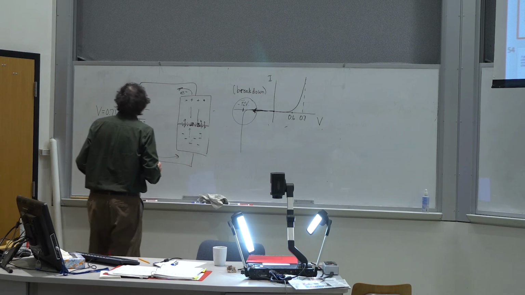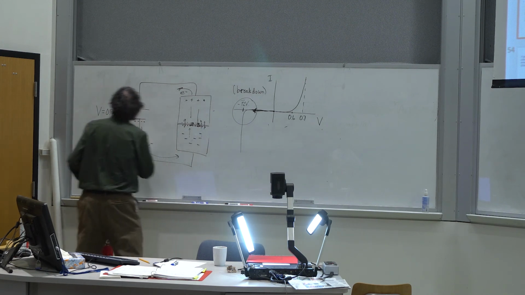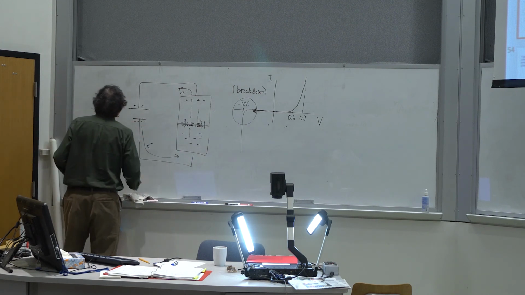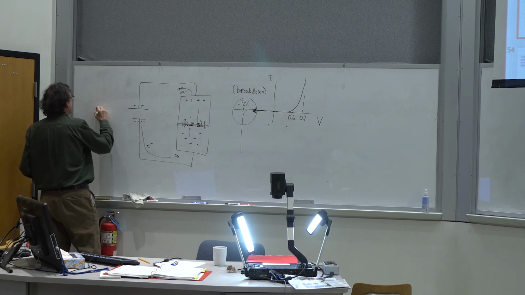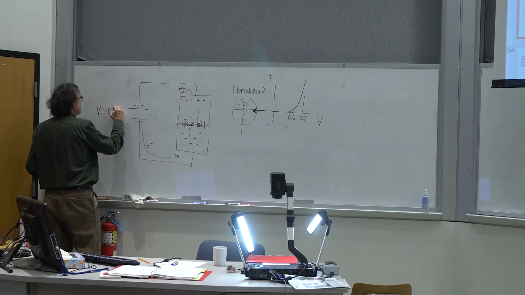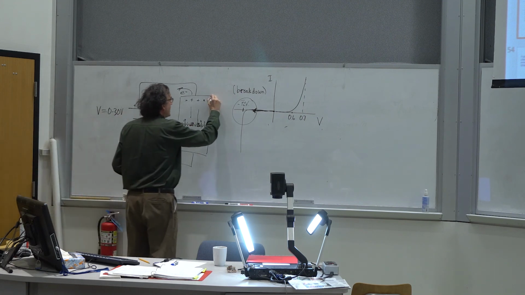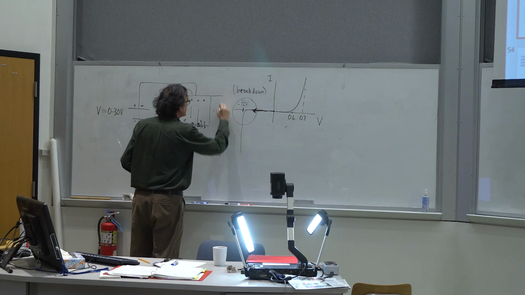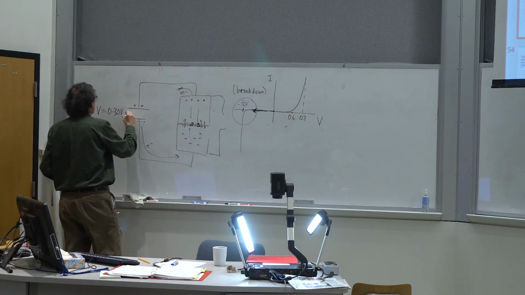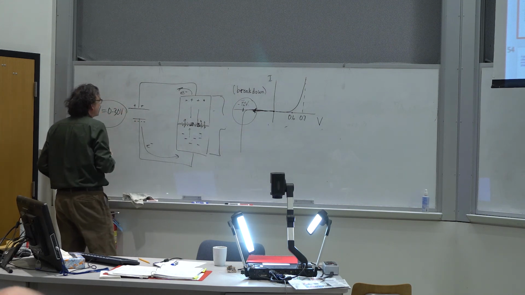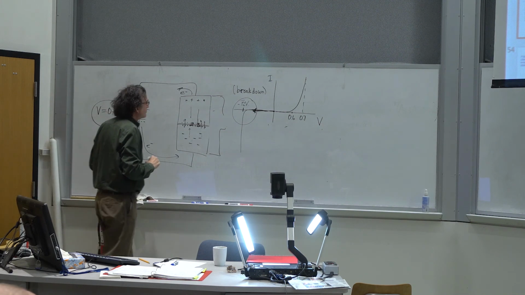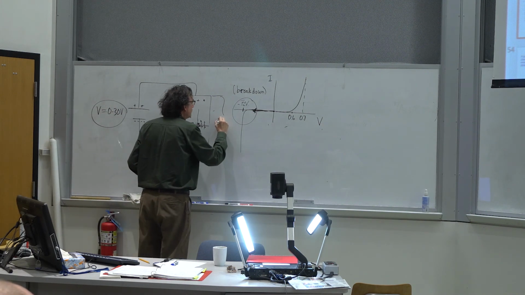For example, you can have a voltage source. If you have a voltage source that operates, we will say, from 0 to 30 volts, then this gets clamped at 12 volts. So no matter how high you try to operate the battery, there is no more than 12 volts that occurs.